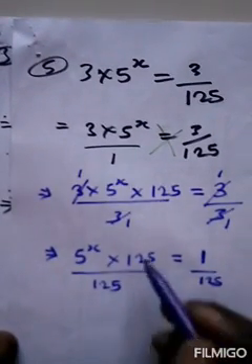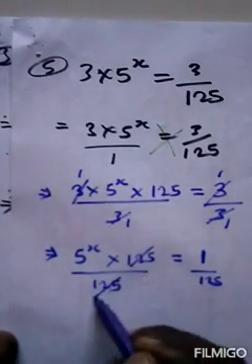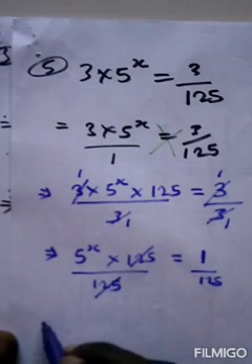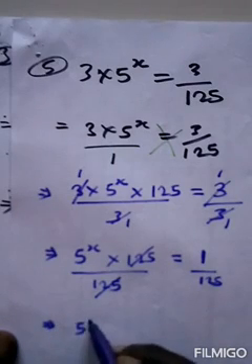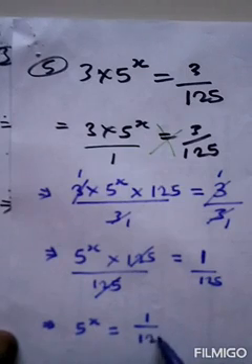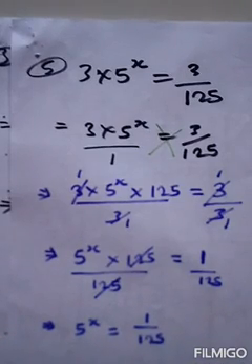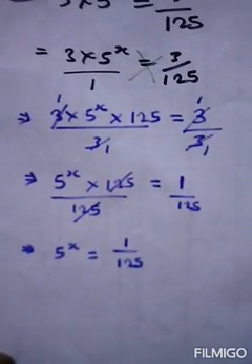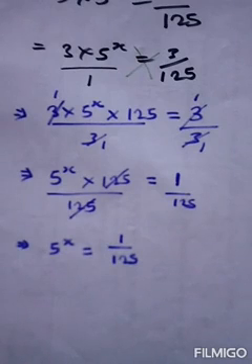I realize that 125 goes and I remain with 5 to power x is equal to 1 over 125. Now what do I do when I reach here? It's simple. I have to express 125 in index form.